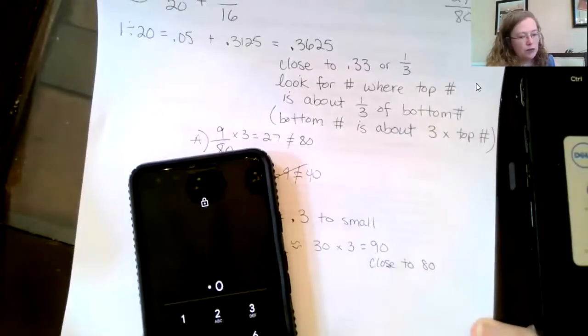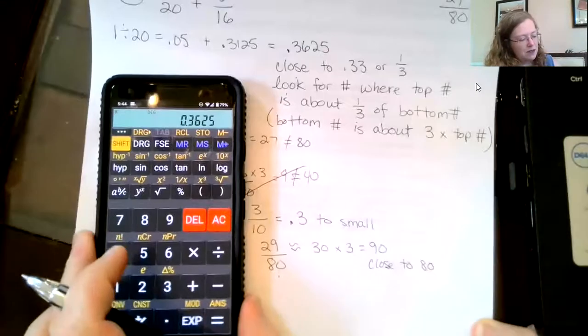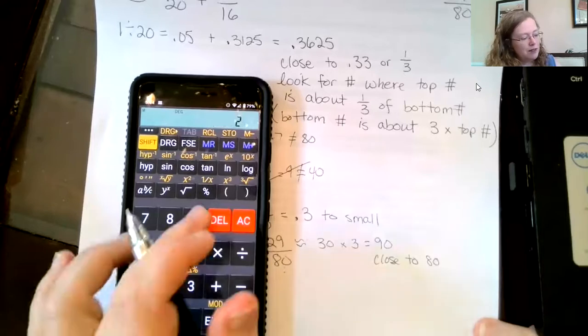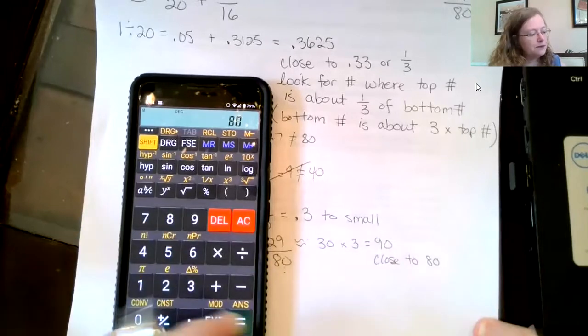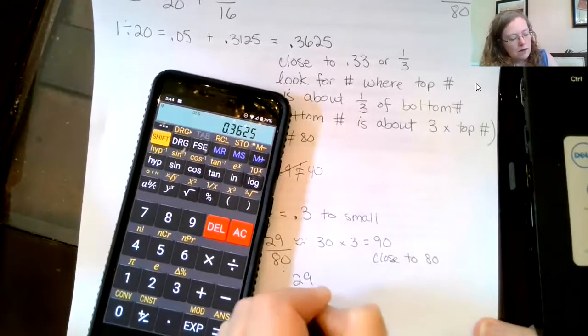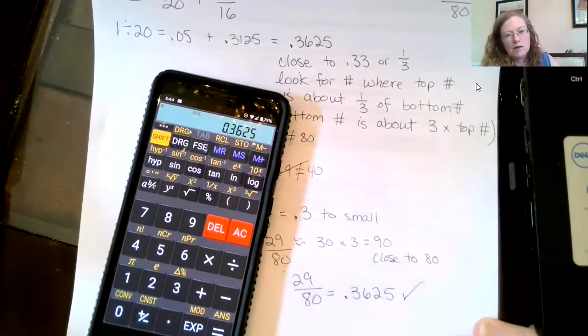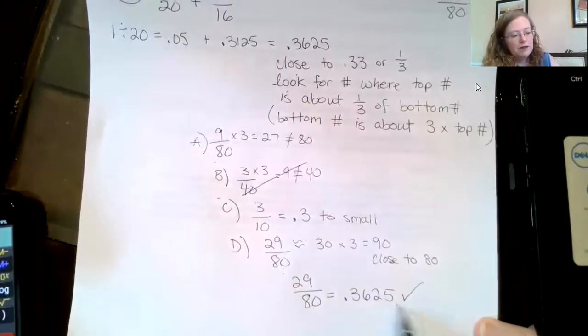And what would I do? I would not show you my password. And I would instead do 29 divided by 80. That number matches our number.